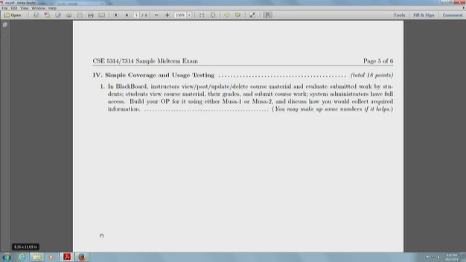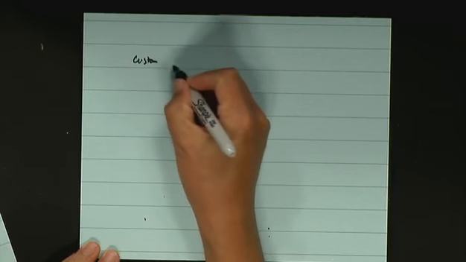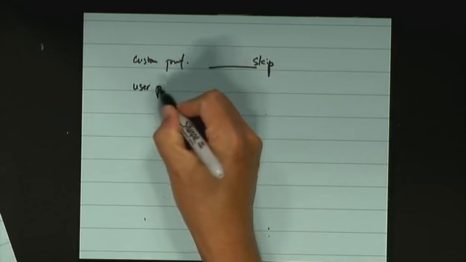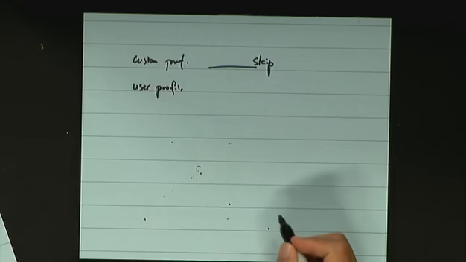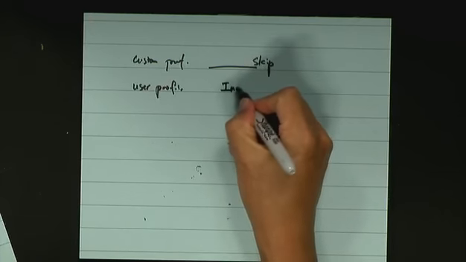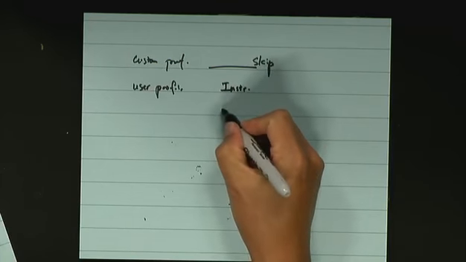If you use Musa 1, then you need to look at the customer profile, and in this case it's just one profile, so you can skip it. Then you have the user profile. What do you have? The instructors, and what else?